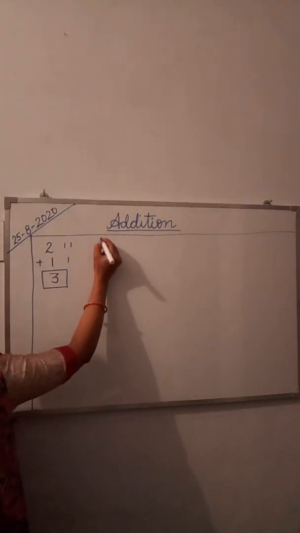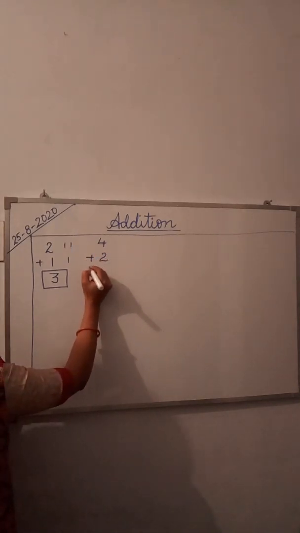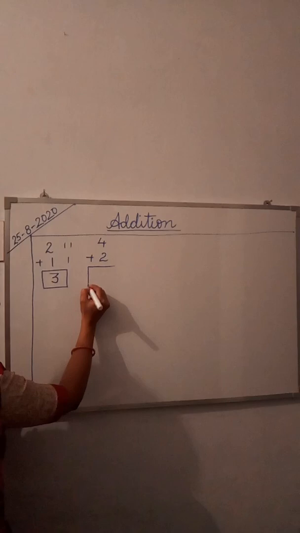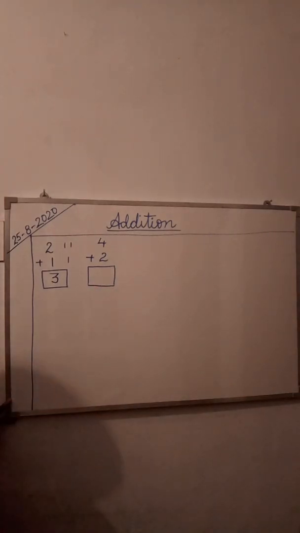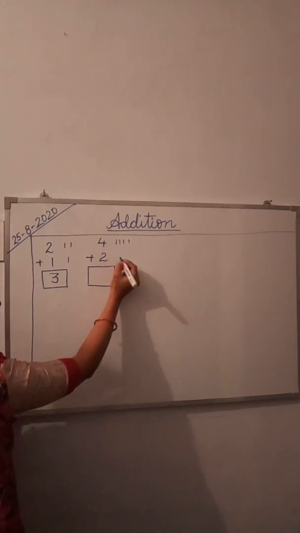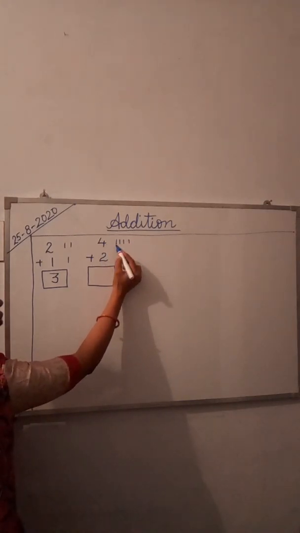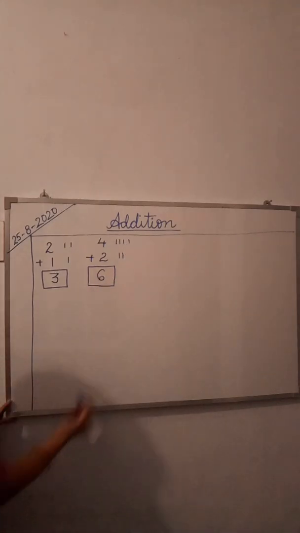Okay. Now here we have to write 4 plus 2. Now this box is empty. Then what have to do? Draw the 4 lines at first, then 2 lines, then count 1, 2, 3, 4, 5, 6. Total will be 6.